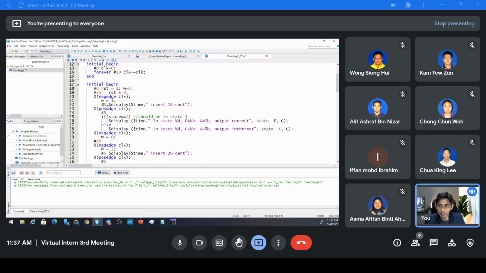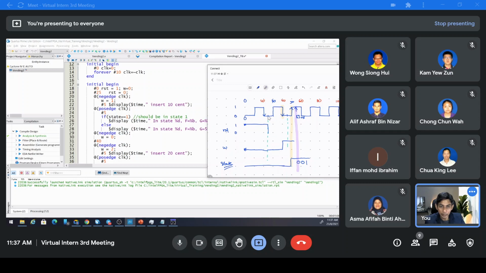So let's go back here. We are at negative edge plus 5, 25 negative edge, remember, should be here, right? 45. And the positive edge clock must refer to this one, because the first positive edge clock should be this one.